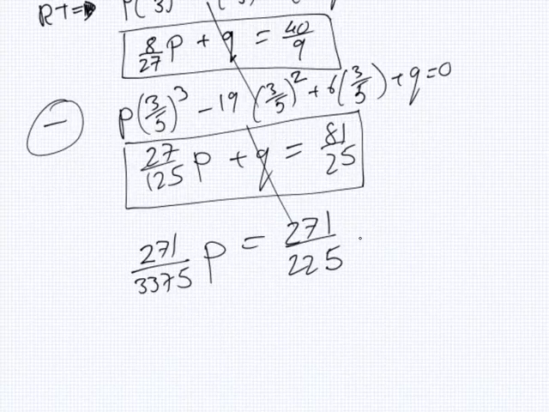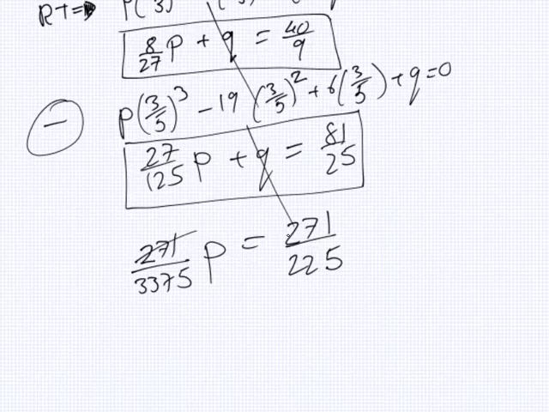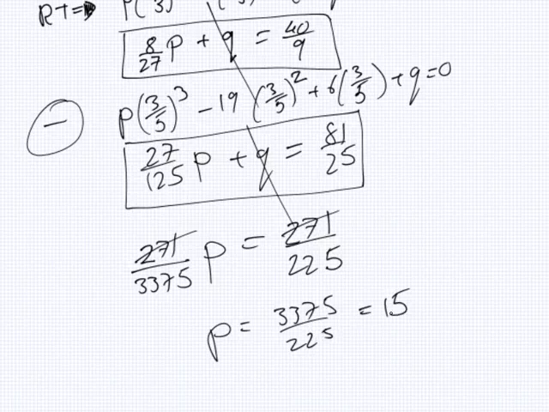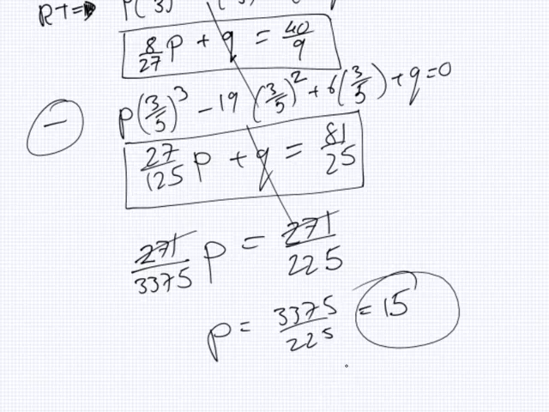What can I cancel? Well, they go. So P is 3375 over 225. 15. Why not 1s and 2s and 3s? 15.